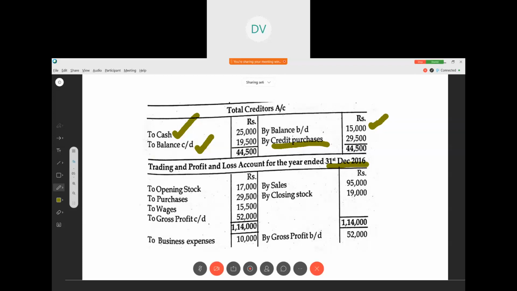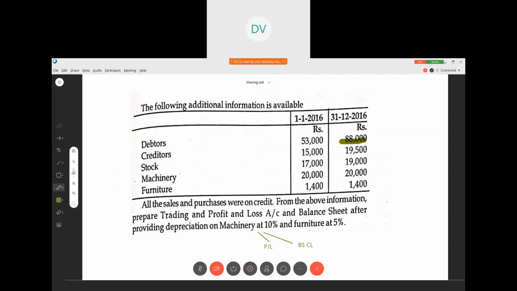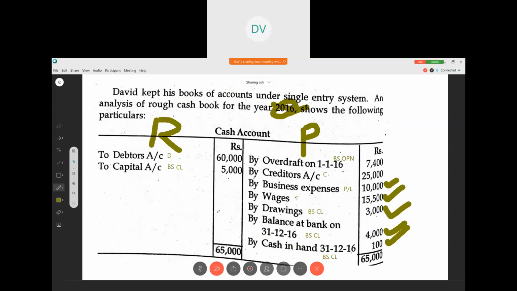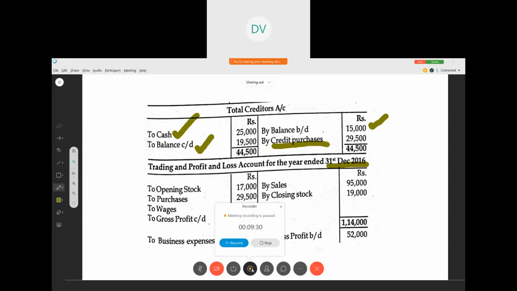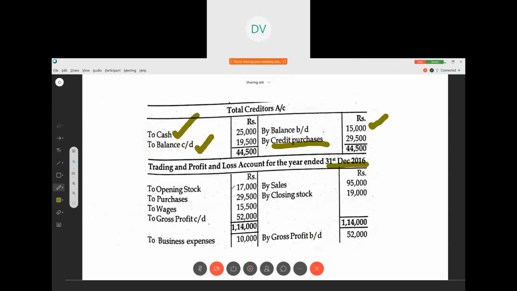Where did you get this? 29,500. Look at the cash book. We would always see this. Opening stock, it will be given in the opening balance sheet.